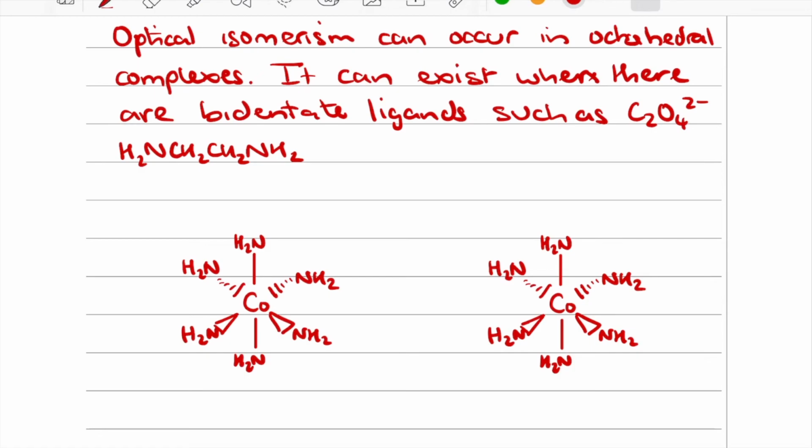So let's just do that again. That's the first carbon, that's the second carbon, and then we're back to the nitrogen. Okay, so we've made an attachment there. That's the first carbon, that's the second carbon, and that's back to the nitrogen, which should be a straight line.